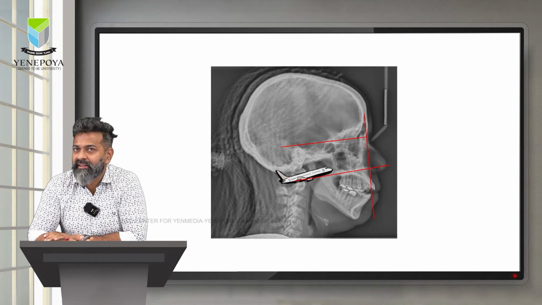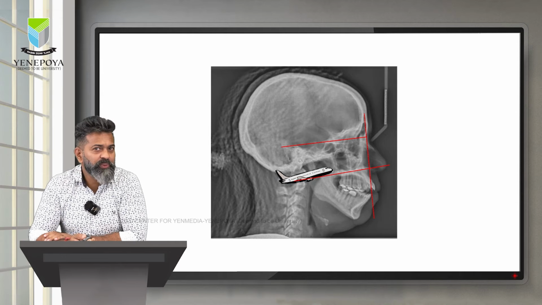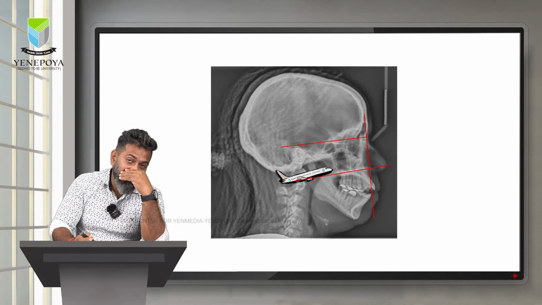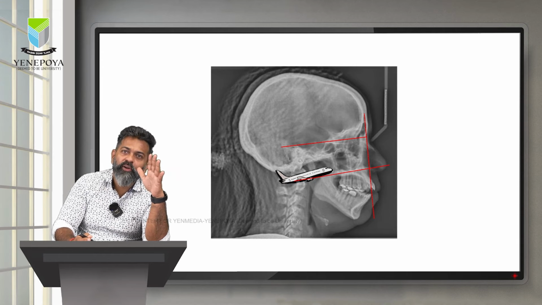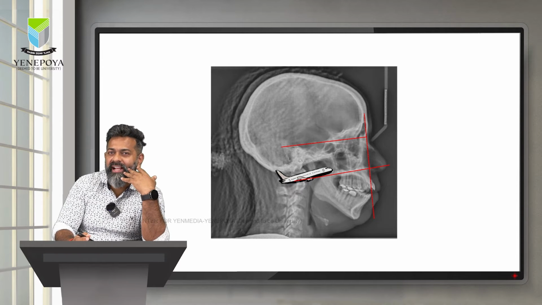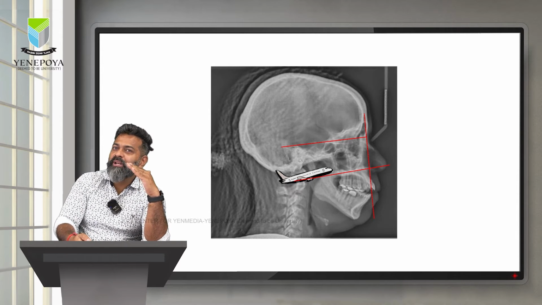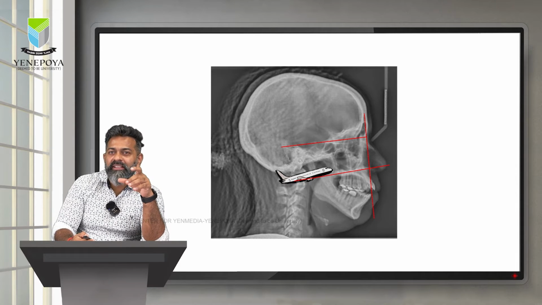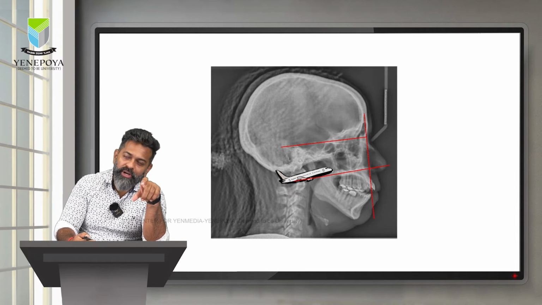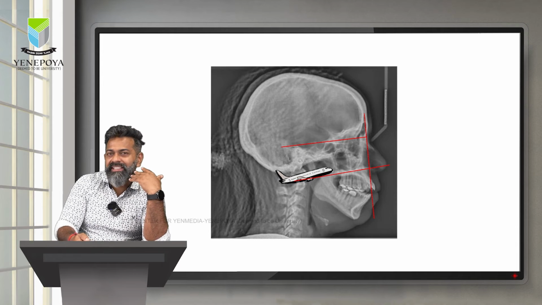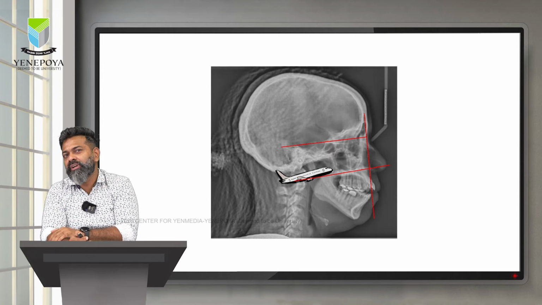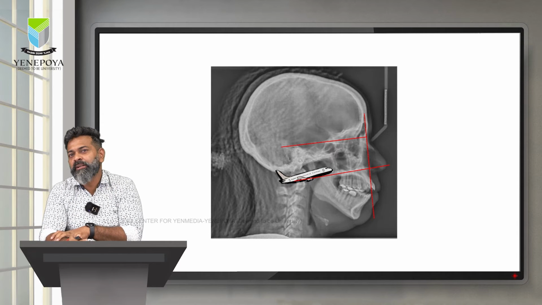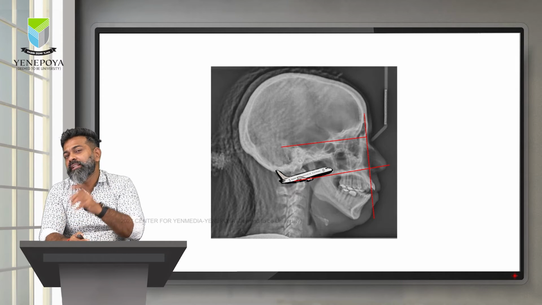The normal angle from N perpendicular to the maxillary plane is between 84 and 88 degrees. If it is anything more than that, or any deviation from that angle, then your maxilla is causing a hinge effect on the lower jaw that pushes the lower jaw more backward and downward. So, these are the main key points you have to look for in the lateral cephalogram whenever you are about to treat the malocclusion.